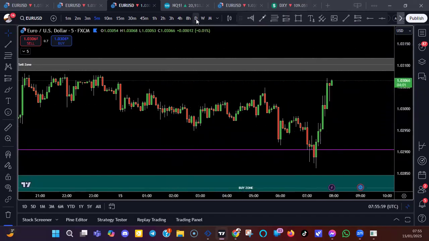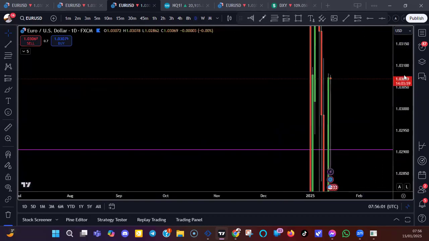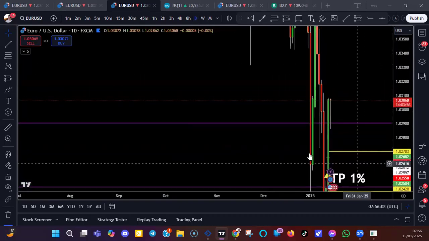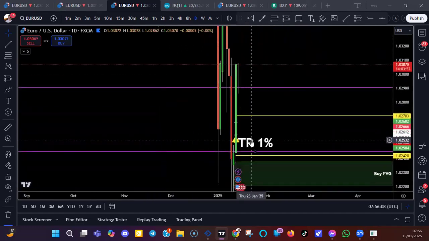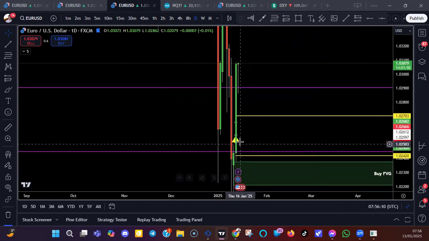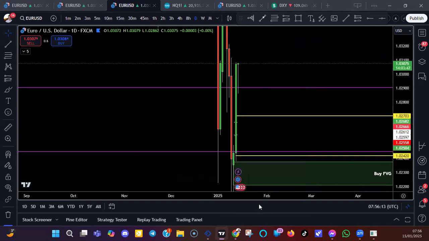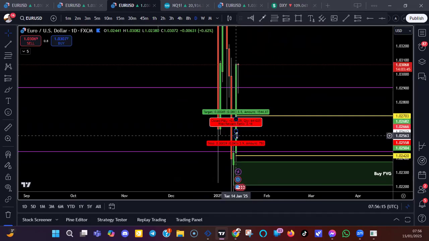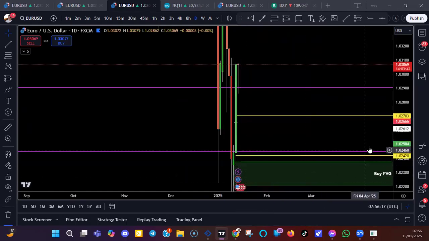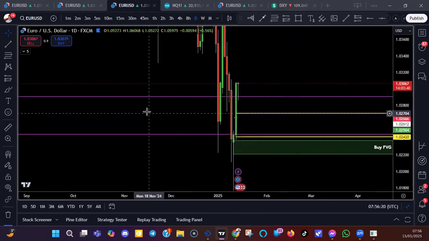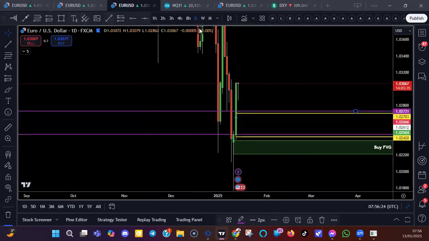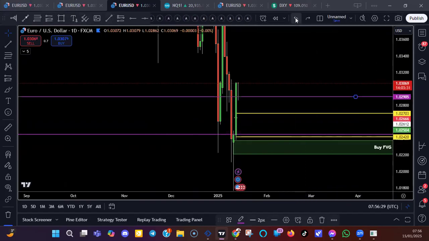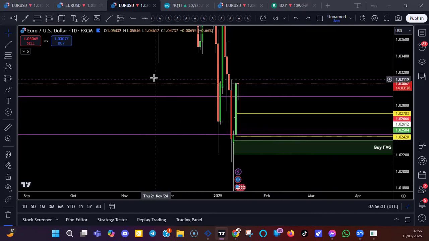So I like to go to the daily and have a look what's happening on the daily time frame. And get rid of this noise here. Right, so what can we see? If you move something accidentally, you just go undo, and it puts it right back again.